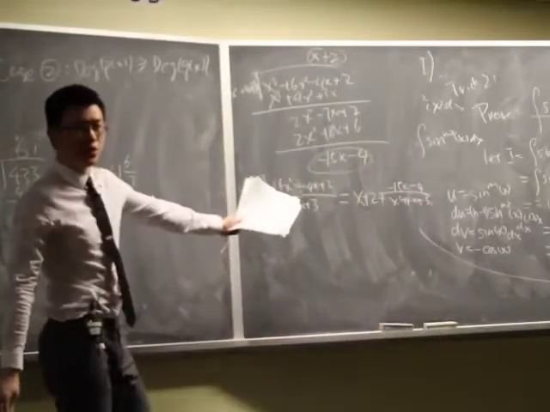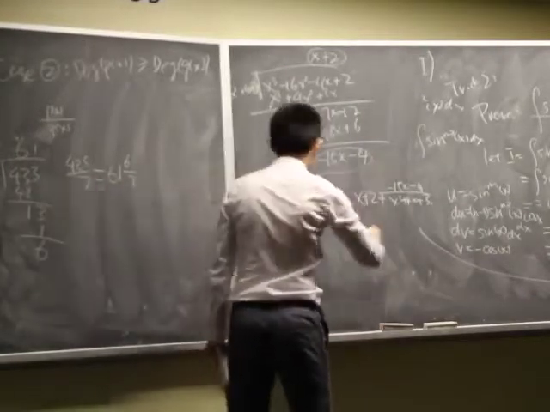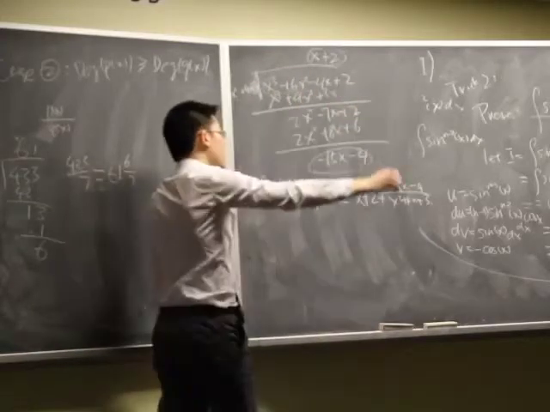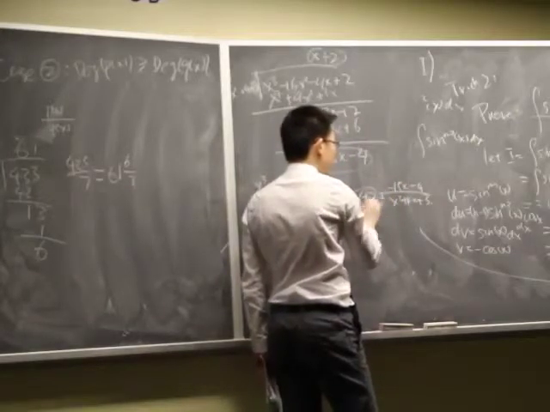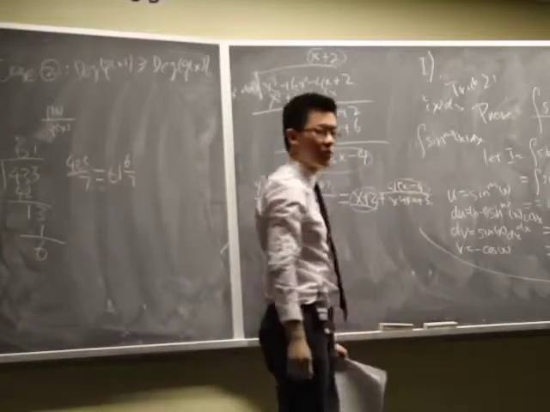So what does this allow us to do? This will allow us to reduce the degree of the top polynomial, in this case a third degree polynomial, to a sum of a polynomial term plus a quotient where the top polynomial has a lower degree than the bottom polynomial.